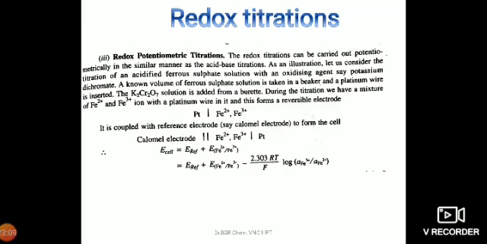Therefore, the cell can be represented as calomel electrode, salt bridge, Fe2+, Fe3+ | Pt. At the anode the calomel electrode is there, and at the cathode we have the Fe2+, Fe3+ redox electrode. Therefore, E cell is equal to E reference plus E Fe2+|Fe3+.